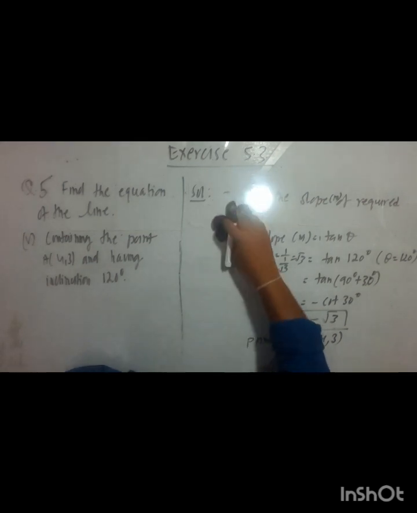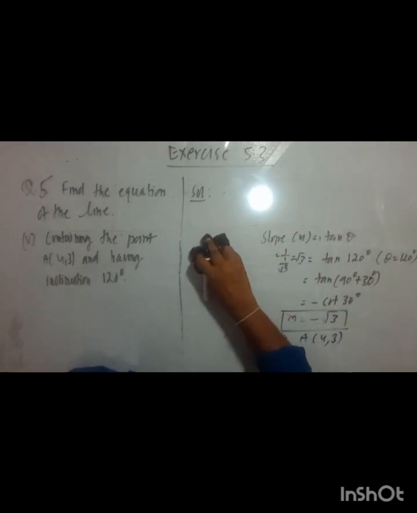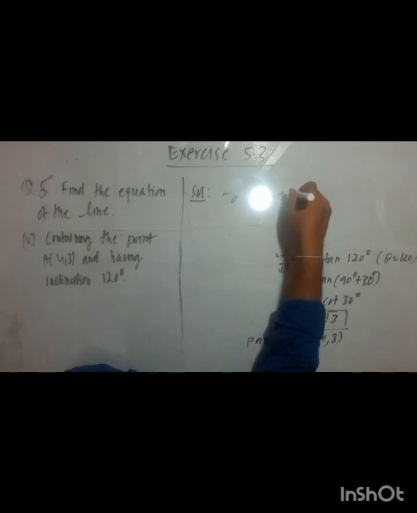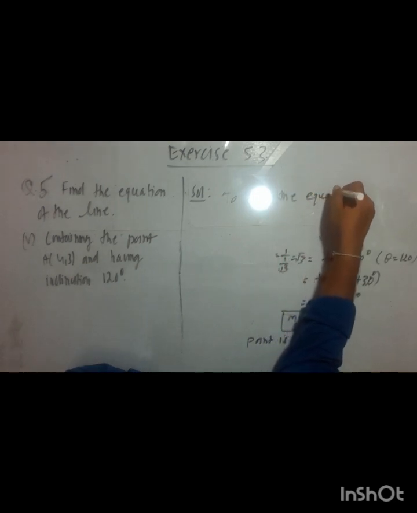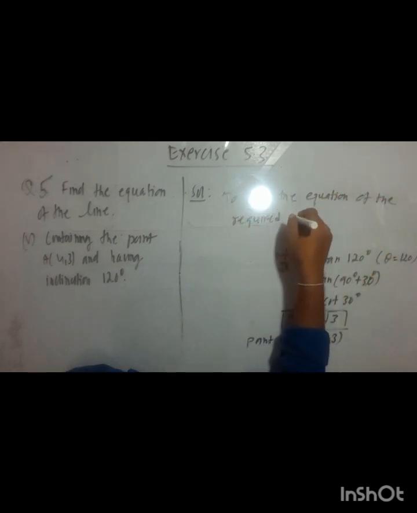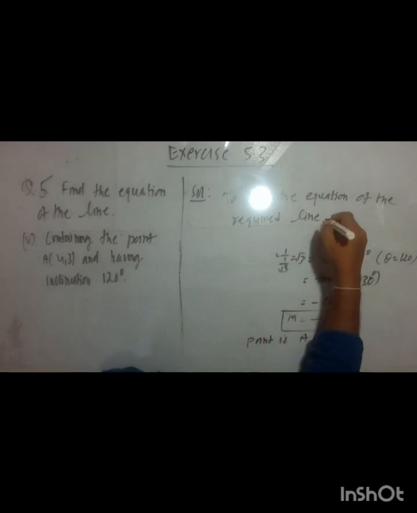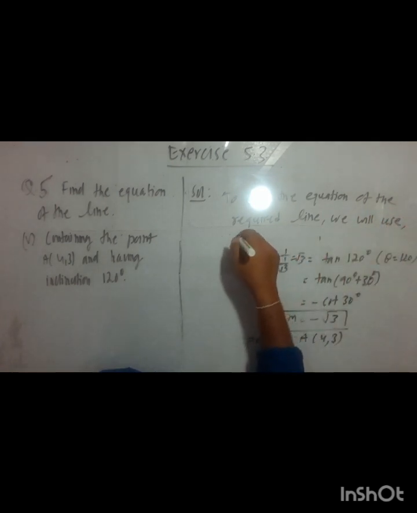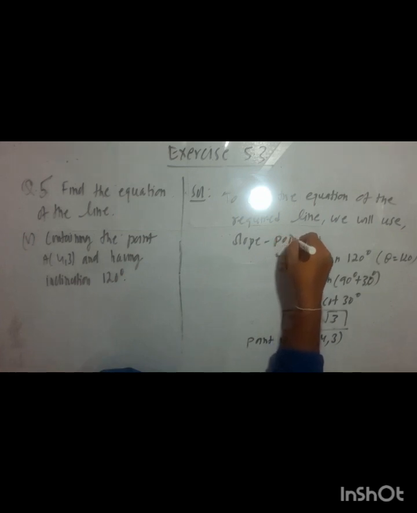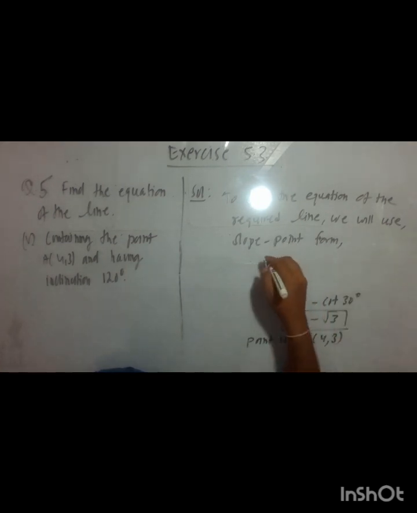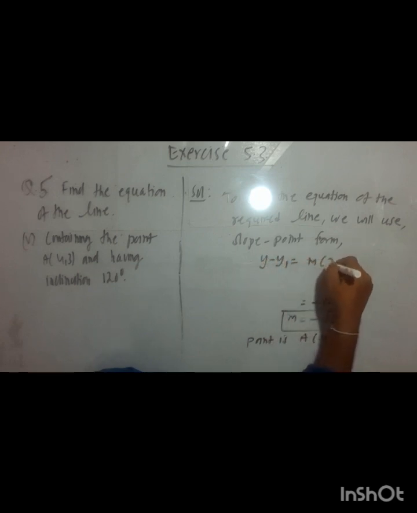To find the equation of the required line, we will use the slope point form, that is y minus y1 is equal to m times x minus x1.